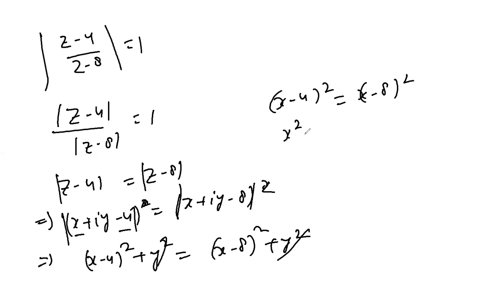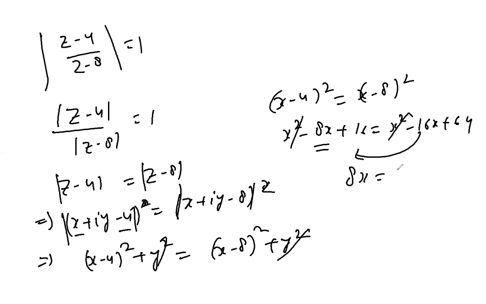So it will give you x square minus 8x plus 16 equal to x square minus 16x plus 64. Simply x square cancels out, then 8x goes to the left hand side, and 8x is equal to 64 minus 16, which is 48.